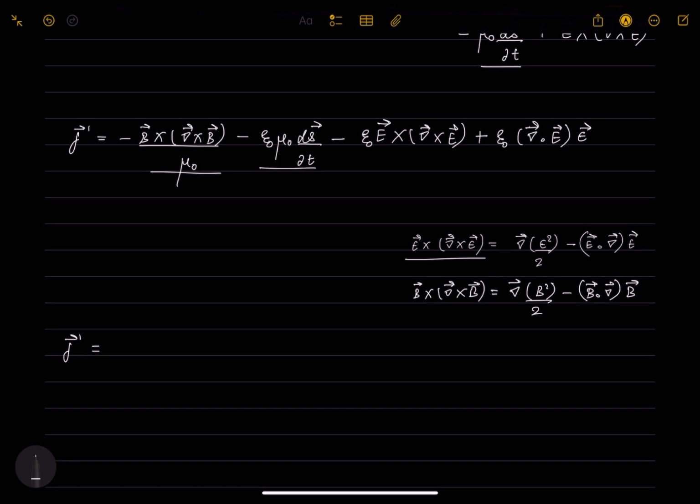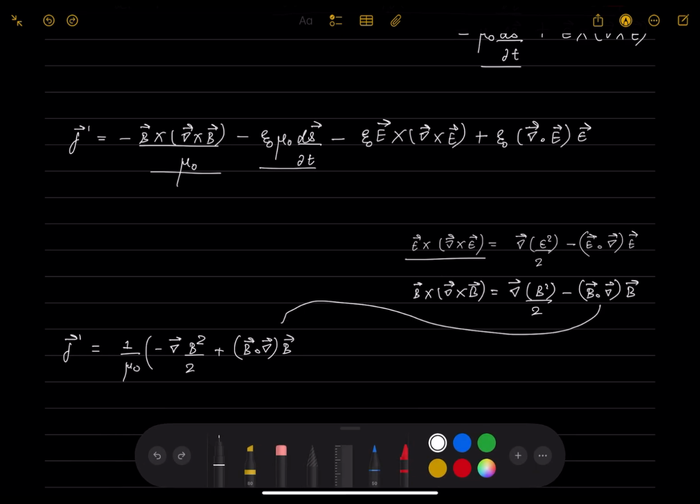So that yields something like 1 over mu naught times negative the gradient of B squared over 2 scalar field plus B dot the del operator B. I hope you can see that this came from that term, right?